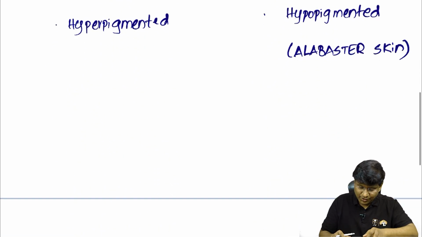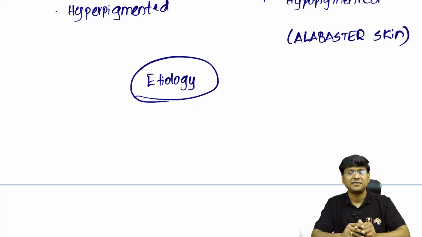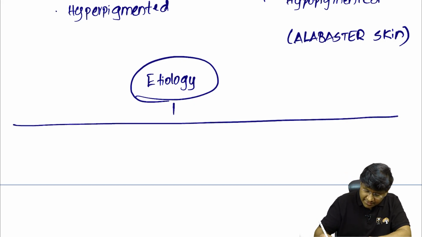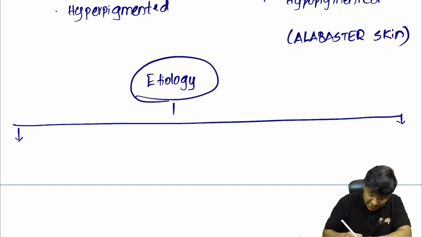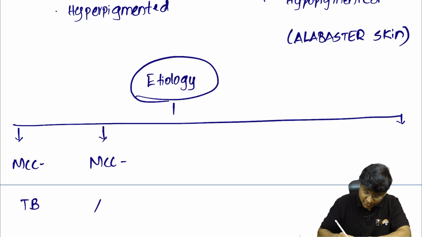Now quickly you need to be aware of what are the etiologies that will be causing Addison's. And please remember, we use the term Addison's only for primary adrenocortical insufficiency. In the etiology, the most common cause of Addison's in India will be tuberculosis, whereas the most common cause in the Western countries will be autoimmune adrenalitis.